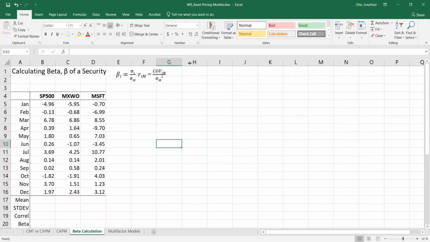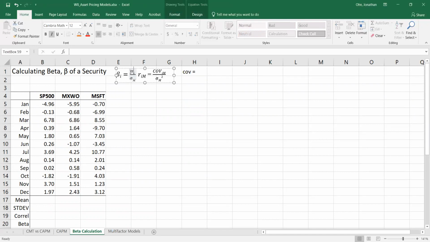So covariance. I mean, the covariance is sigma i. Let me see. How do I borrow this?